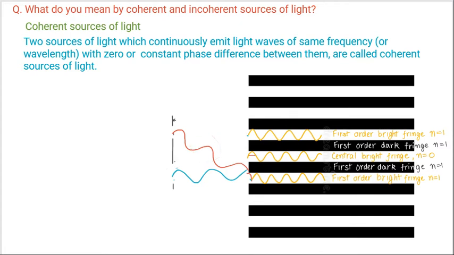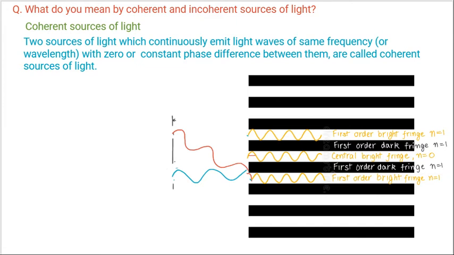The phase difference is a constant phase difference, an odd multiple of pi. And the extra path, in this case the red wave has to travel an extra path, so the extra path difference is also an odd multiple of lambda by 2. In that case, you get a first order dark fringe here also.